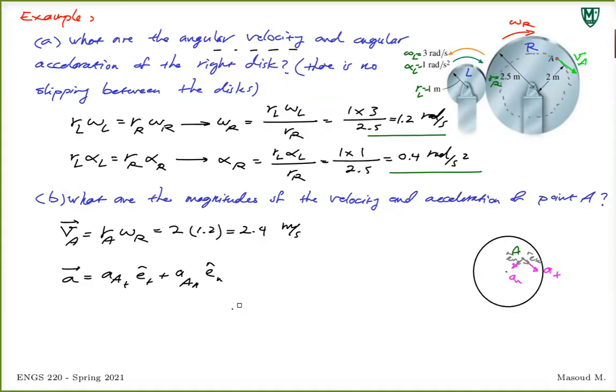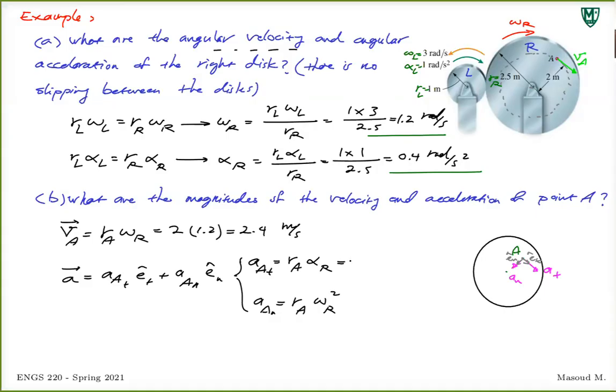And separately, we can look at them. Again, it goes back to what we studied at the beginning of the semester. We said a tangent is r alpha, so RA alpha of the right disk. And normal acceleration is RA omega R squared, where omega is the omega with which the point is moving, which is the same as the omega of the right disk, squared.